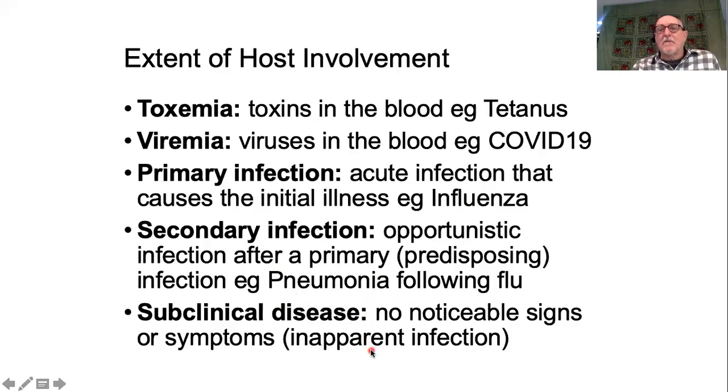Subclinical disease is one where there are no noticeable signs or symptoms, but there is an infection. So if there are any symptoms, they are so mild that the person is barely aware of them or unaware of them. But the really important thing about this is that people with subclinical disease can actually be spreading disease.